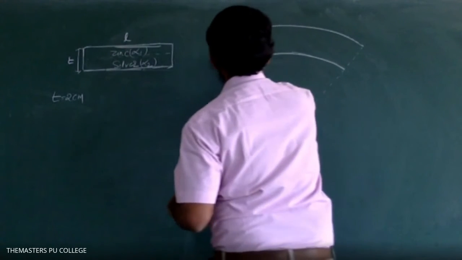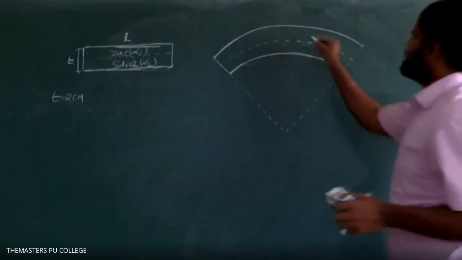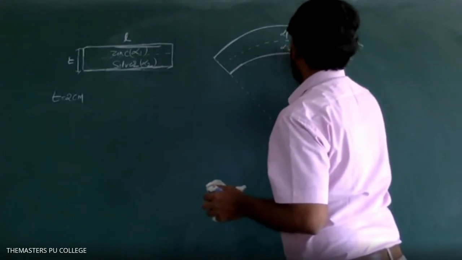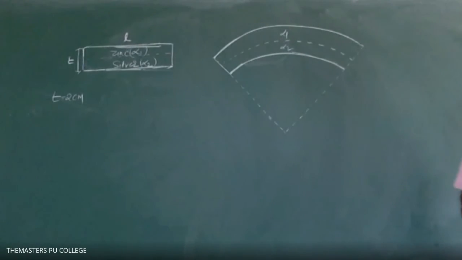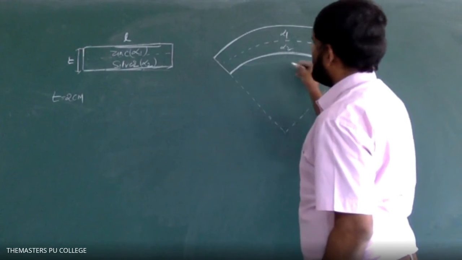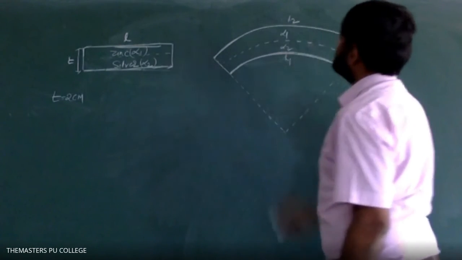This is alpha 1, this is alpha 2. On heating it will get like this. So let us take the length of this as L1 and the other as L2.